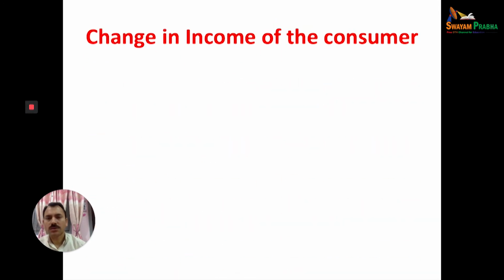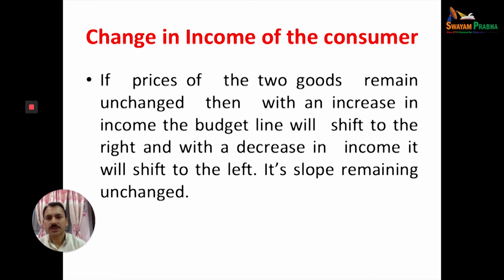Now, let us discuss with the help of a diagram the change in income of the consumer. If the price of the two goods remains unchanged, for example there is no change in the price of the two goods, say X and Y, with an increase in income, the budget line will shift to the right-hand side.